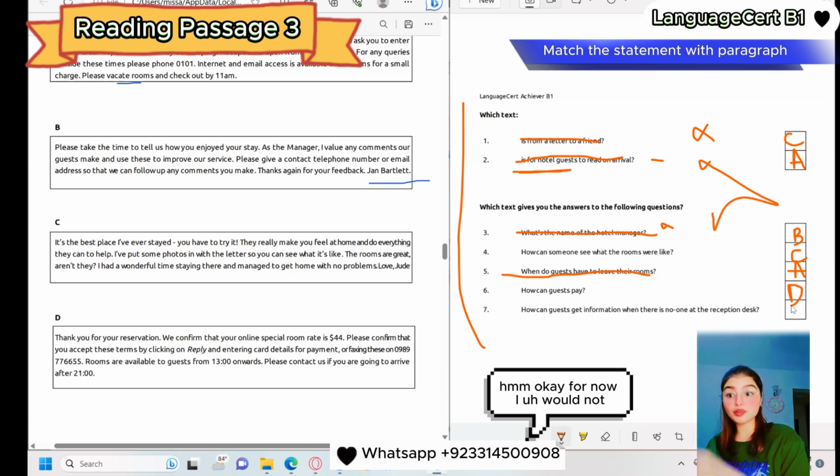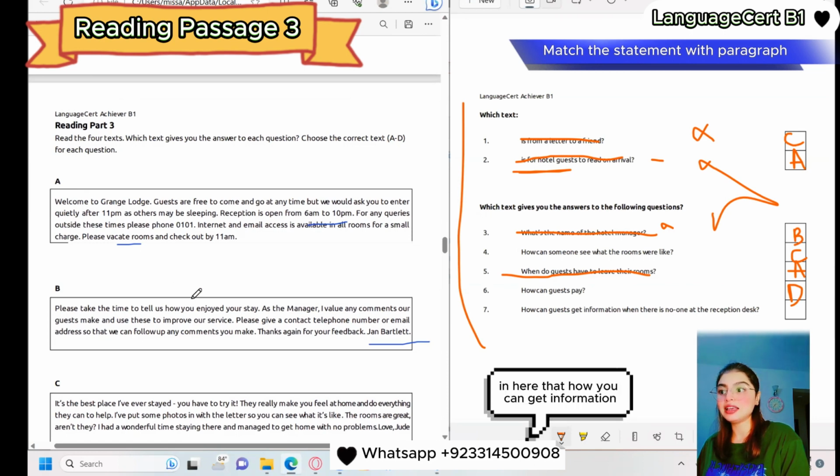Okay, for now, I would not say that there's any information about the reception desk, or how guests can get information when there is no one at the reception desk. But I believe we read it in A in here, how you can get information.